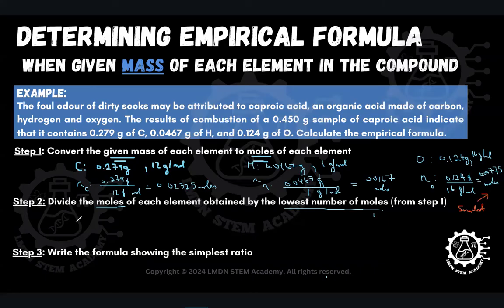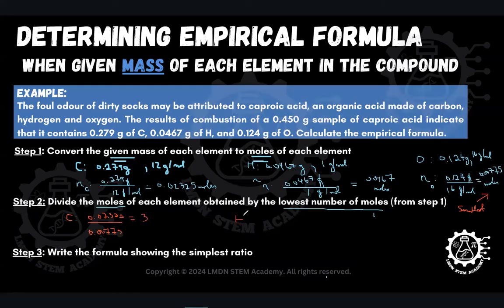So for carbon, we're going to do 0.02325 divided by 0.00775, and that's going to get us 3, right?